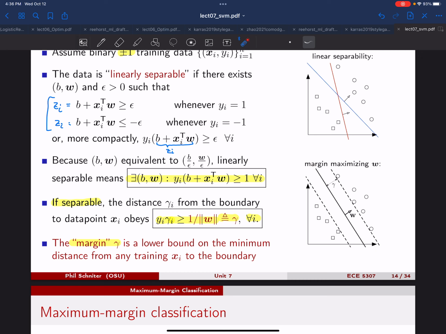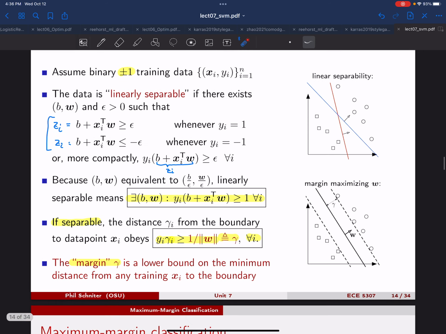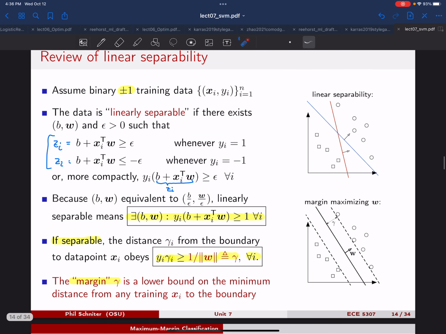We should be focusing on the hard ones. That will give us a more robust boundary. So that's another idea that comes out of this way of thinking about things. Okay, so these are the main ideas, and we're just about ready to say exactly how we're going to attack this problem, but are there any more questions so far?